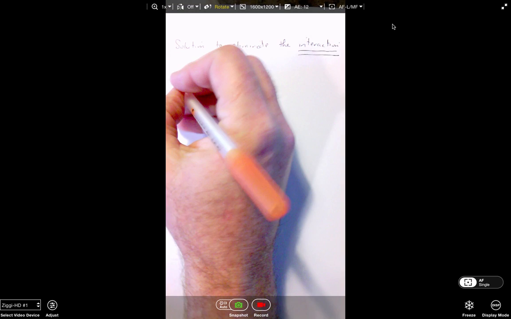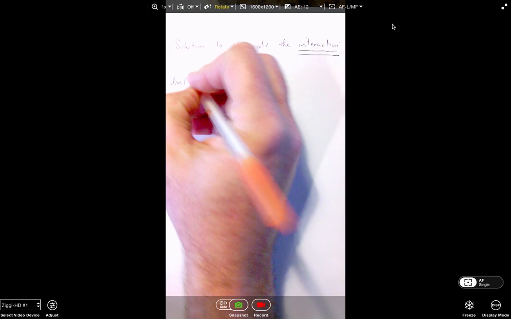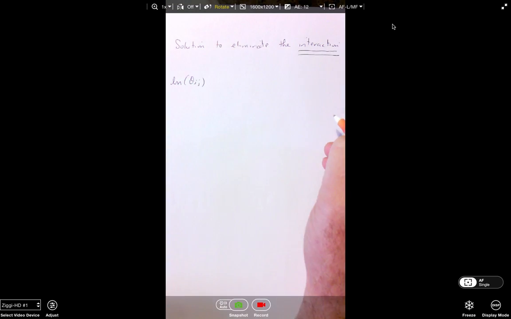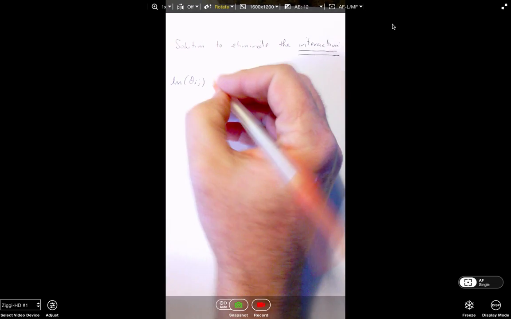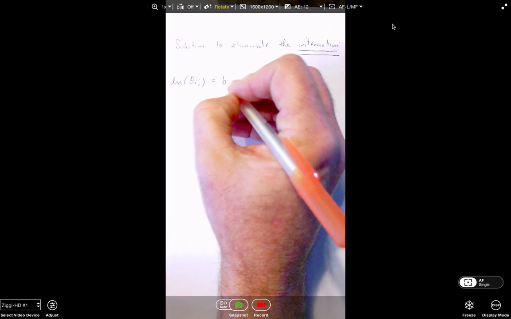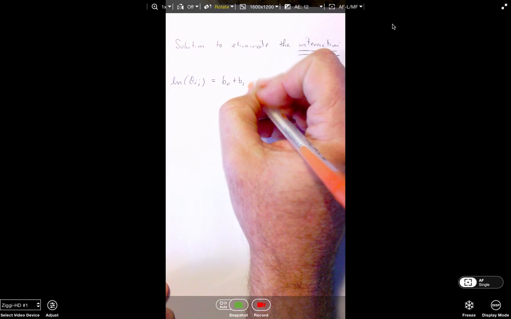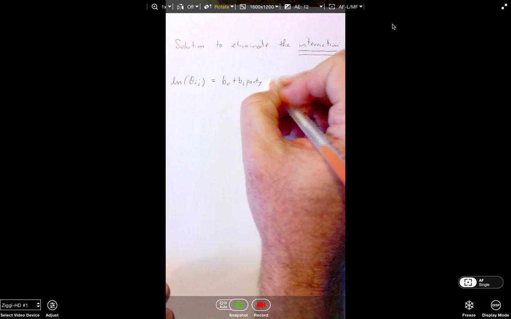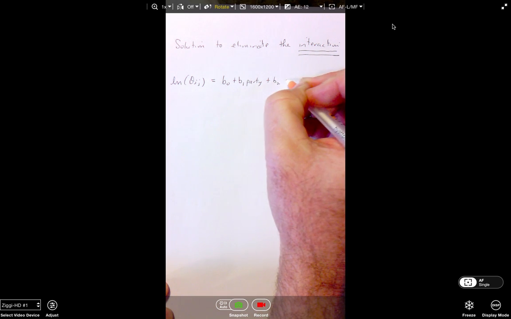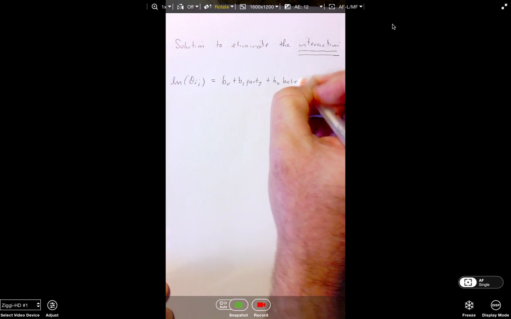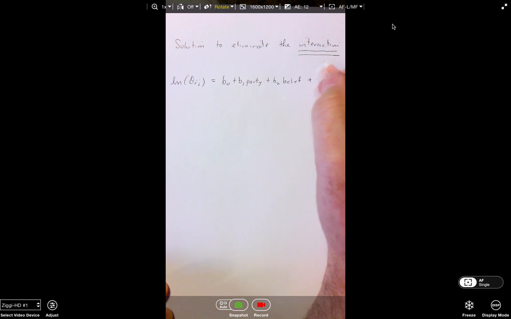So guys, we can think about the natural log of the observed components as, again, looking at just the beta 0 plus beta 1 times the party plus beta 2 times the belief plus the natural log of the error. So let's get rid of the interaction term.